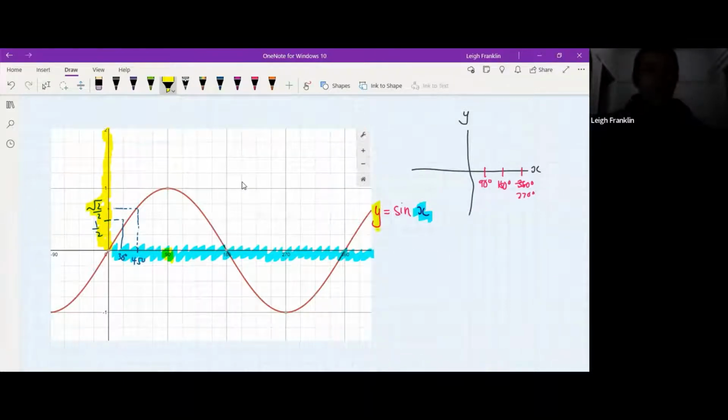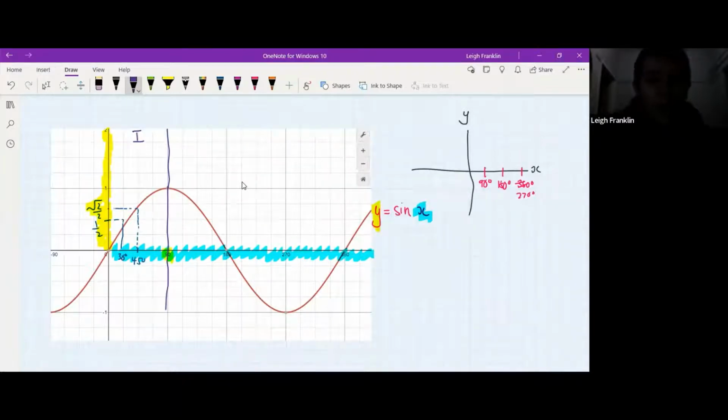Now, what's super important to remember here is that this is just another way of looking at the cast diagram. Up to here, grade 11s, this is quadrant number 1. Can you see all your ratios are positive because this line is above the x-axis where y is positive. That's why sine theta is positive in quadrant number 1.